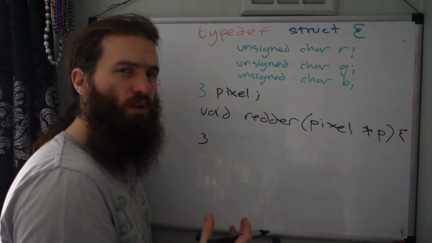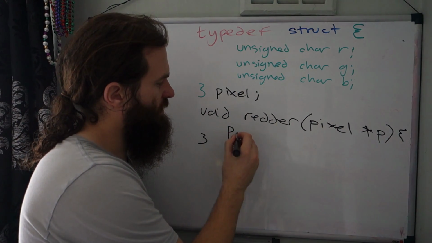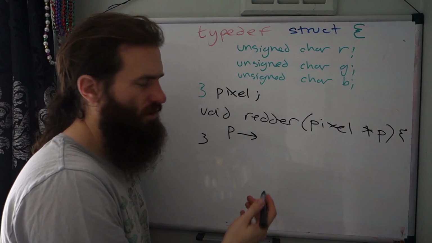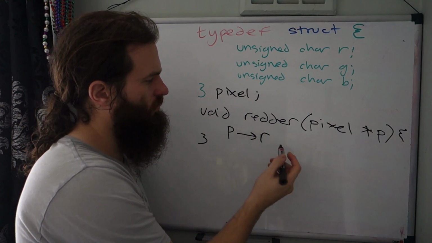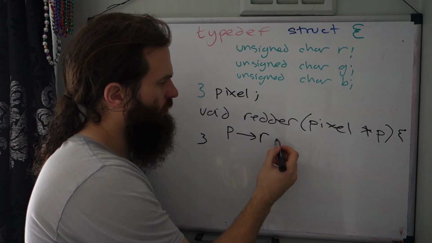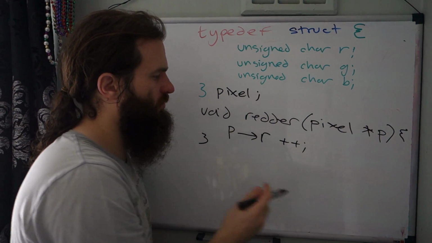If we want to refer to the members of the structure when we pass in a pointer, we don't use the dot notation. We use this, which is essentially a dereferencing operator. So we do p arrow r, and then if we wanted to change the value of red, we can say plus plus to increment it, for example.